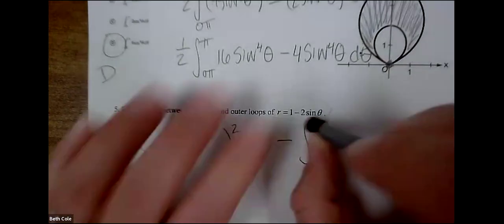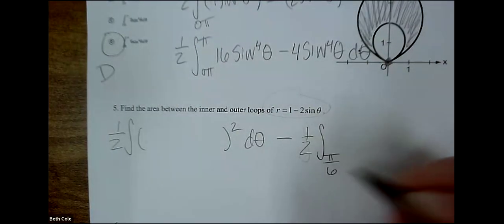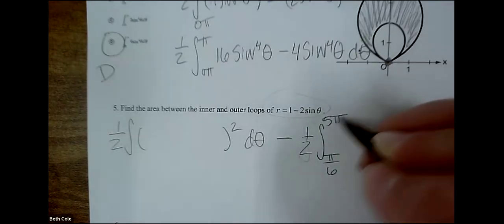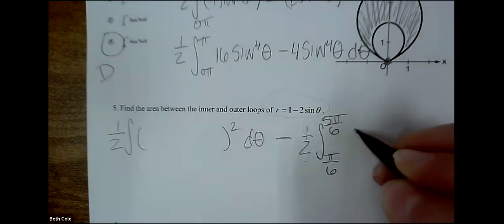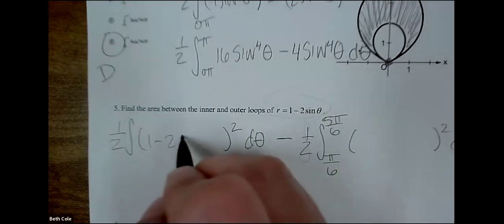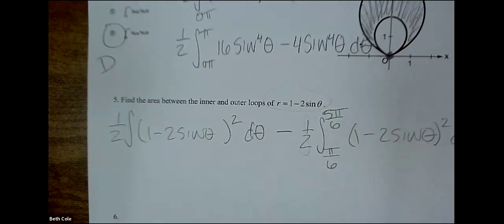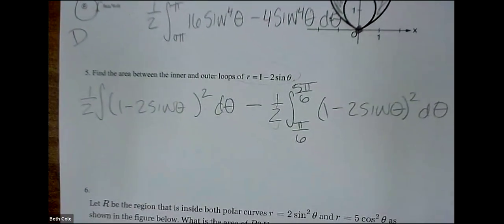Oops, I forgot my 1/2. I can't hold that many numbers in my head. I'm going to have to go back. We found that for the inner loop, it was pi over 6 to 5 pi over 6. So you have two integrals that have the same stuff inside, which is called the integrand, by the way.